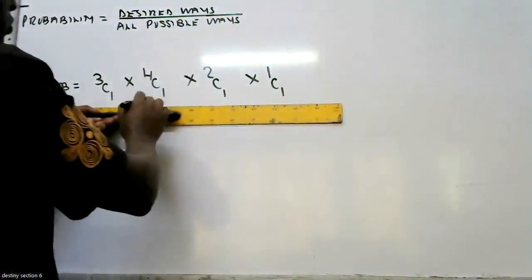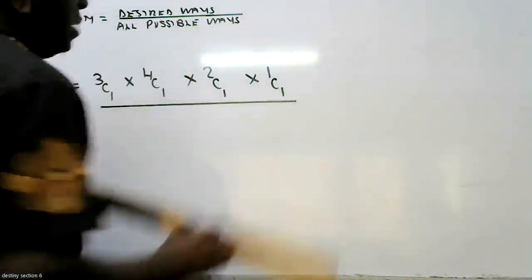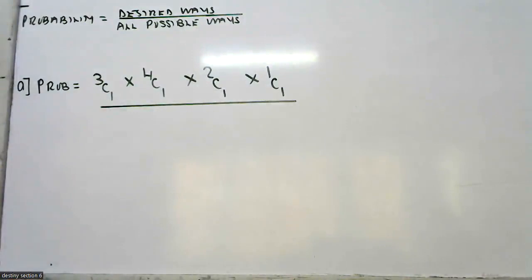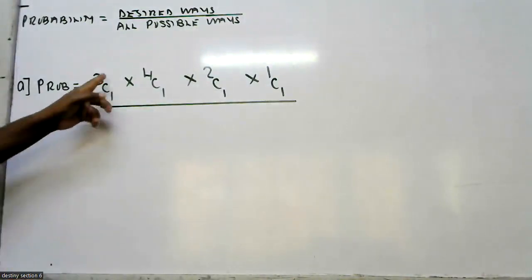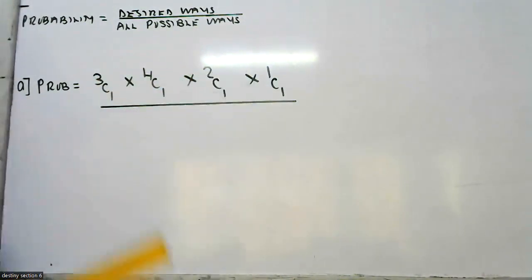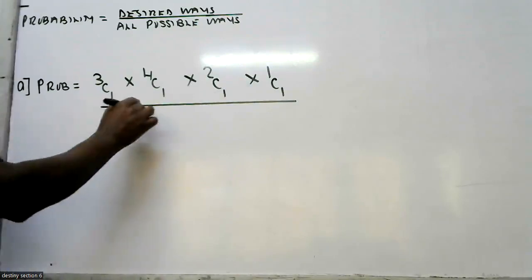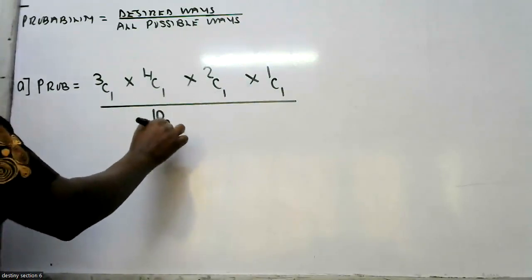Those would be the desired ways. So this one, you just divide by the possible ways. The possible is, if you add this one, 3 plus 4 plus 2 plus 1 is 10. So from 10, we choose 4.